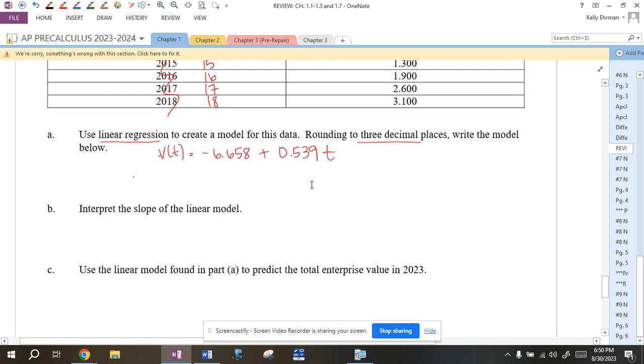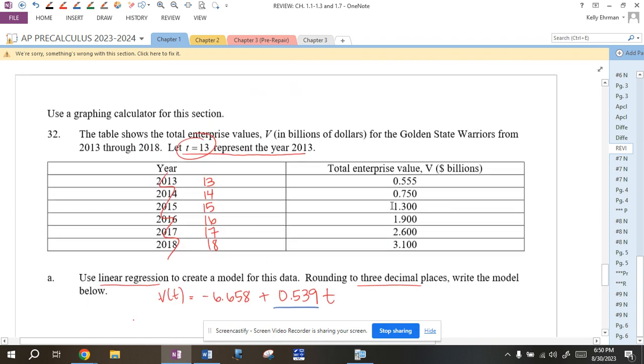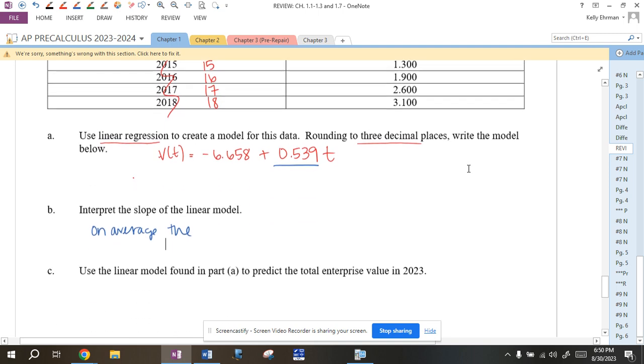Interpret the slope of the model. So here's the slope. Remember, we have a script for this. On average, what does y represent? Total enterprise value.